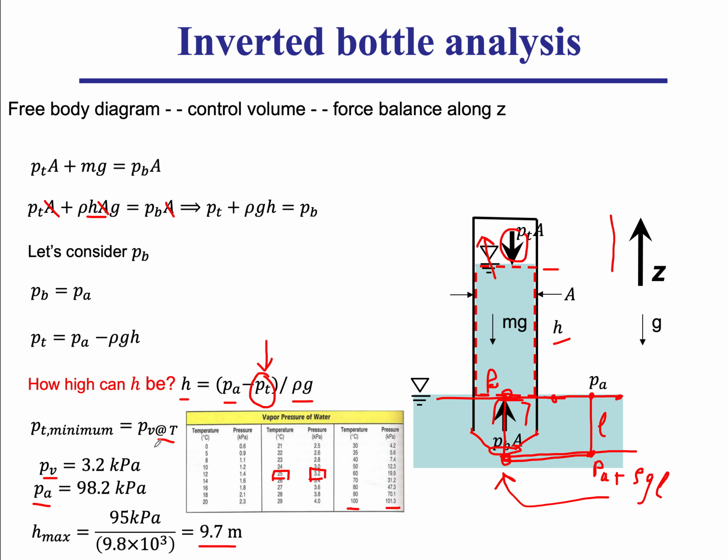And the implication of this height is that if you want to draw water with a pump, you can't get the suction side at a level higher than 9.7 meters. You're going to get water to boil.